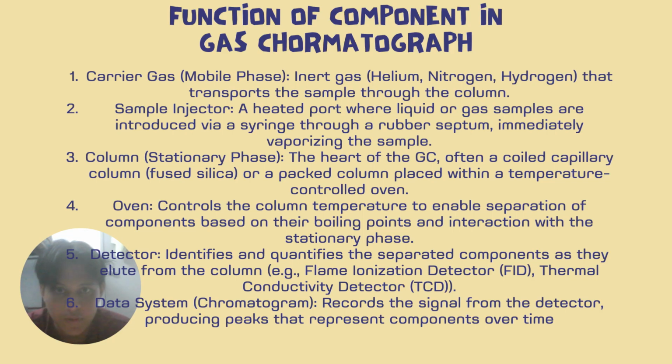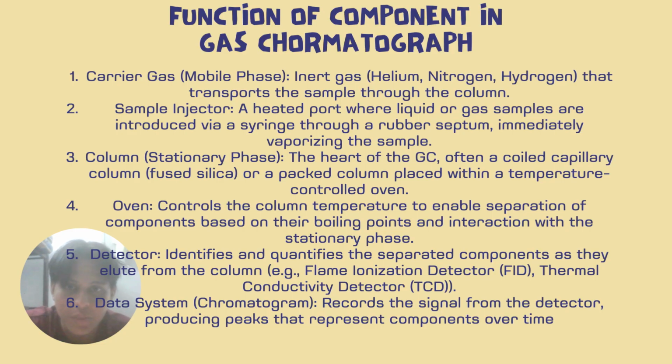For the function of each component in the gas chromatograph, firstly, the carrier gas, which is the mobile phase. The carrier gas is an inert gas, which is helium, nitrogen, or hydrogen, that transports the sample through the column.